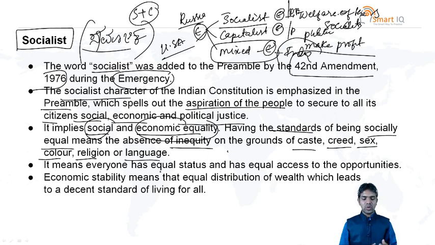It means everyone has equal status and equal access to opportunities, for all people, without any discrimination. Economic stability means equal distribution of wealth, which leads to a decent standard of living for all.